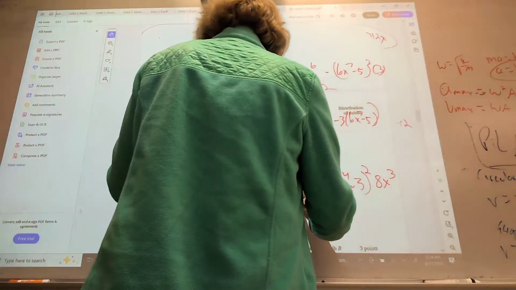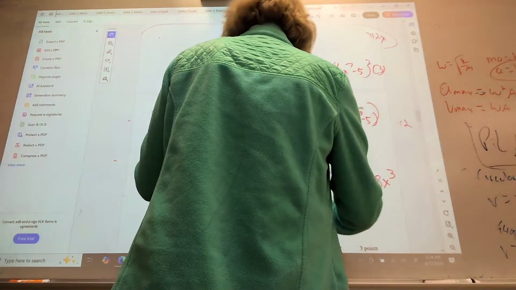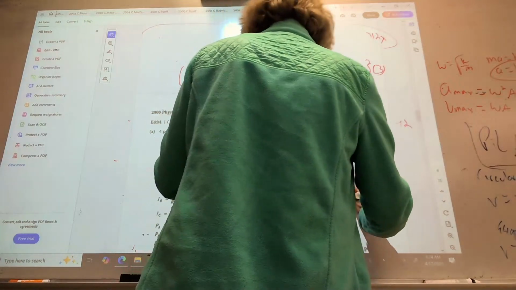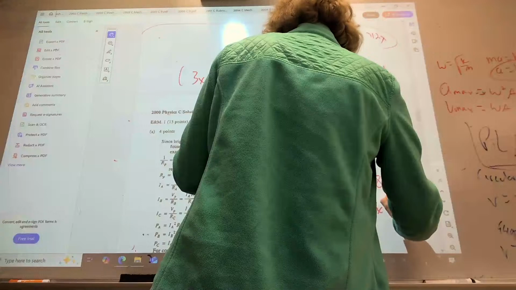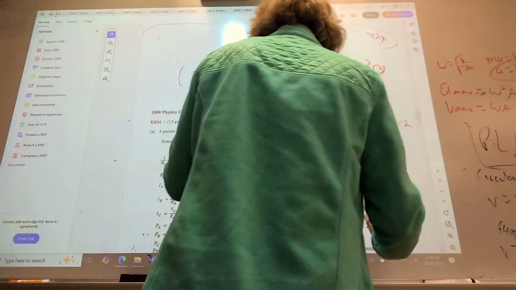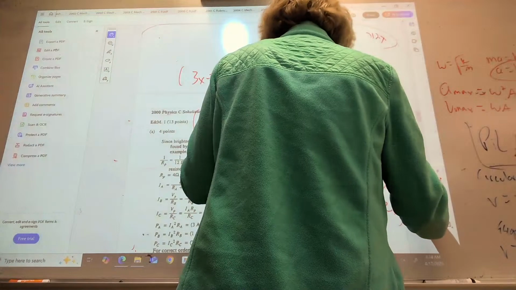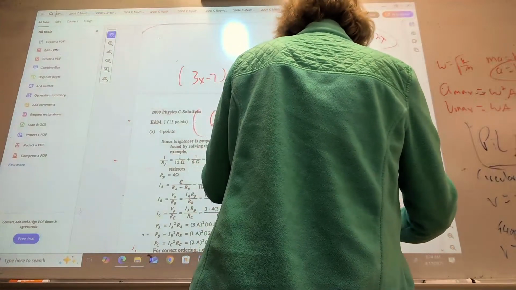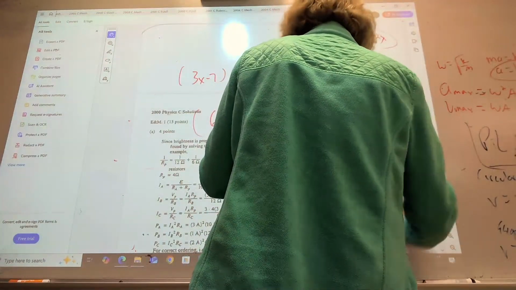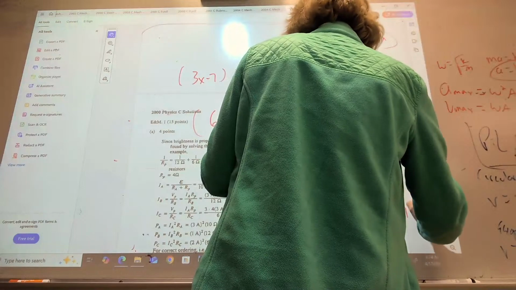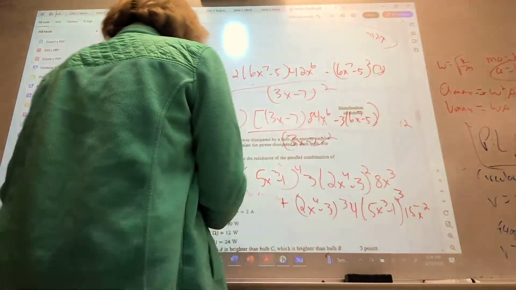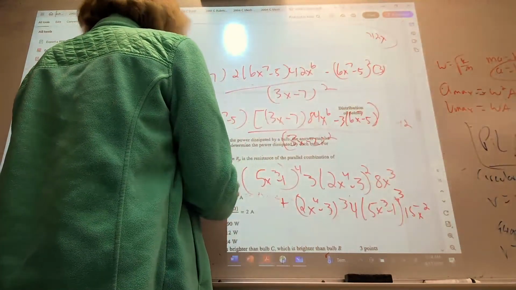Okay, plus the second, 2x to the fourth minus 3 cubed, times the derivative of the first, 4 times 5x cubed minus 1 to the third, times the derivative of what's inside, which is 15x squared. All right, so this is our first step.